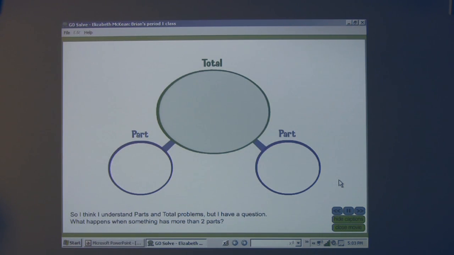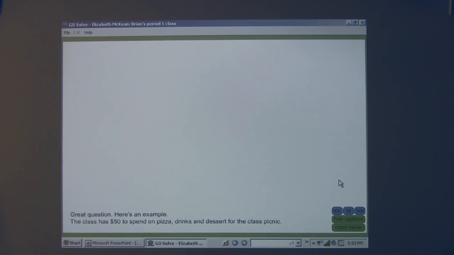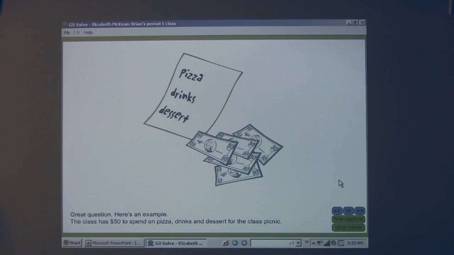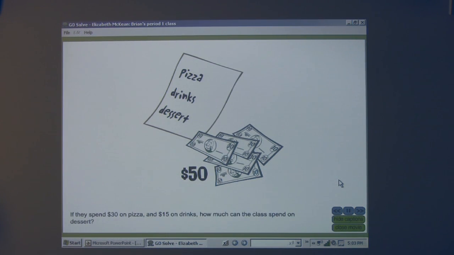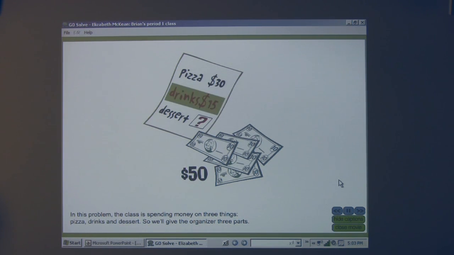So, I think I understand parts and total problems, but I have a question. What happens when something has more than 2 parts? So you can see how the complexity starts here. The class has $50 to spend on pizza, drinks, and dessert for the class picnic. If they spend $30 on pizza and $15 on drinks, how much can the class spend on dessert? In this problem, the class is spending money on 3 things: pizza, drinks, and dessert.